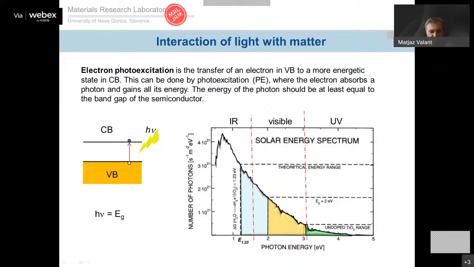For now, titania is here, but it is mainly activated with ultraviolet light. Fine, we do have some ultraviolet light in our solar spectrum, but as you see, very little in terms of intensity. So we are losing a significant part of the solar spectrum with titania.